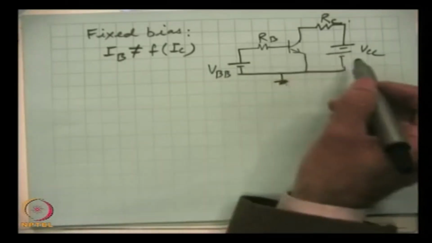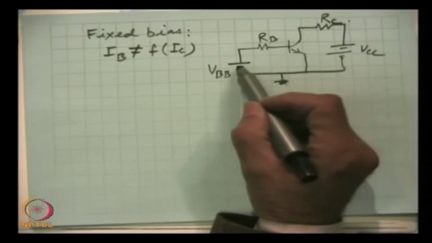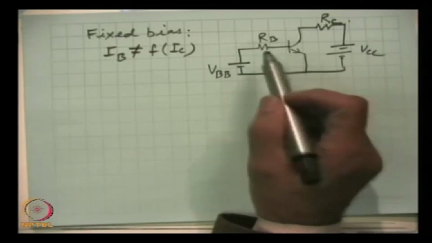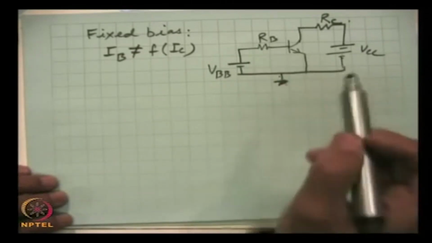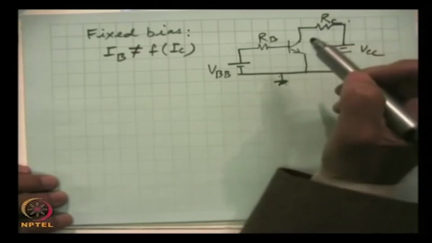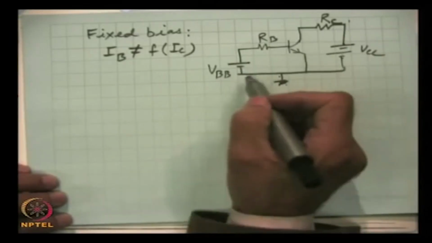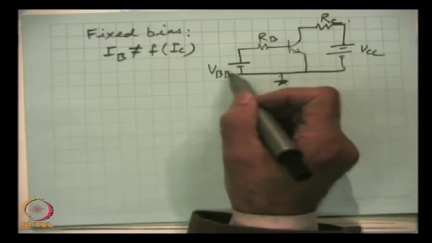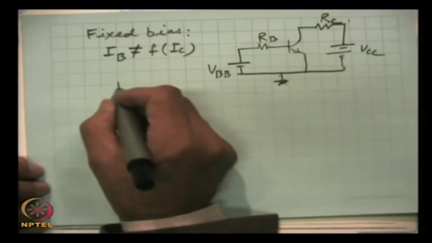So, in this circuit, you see that the negative terminal of both the batteries is grounded, and the positive is connected to the base resistance. Similarly, positive is connected to the collector resistance. So, assuming that the other terminal of the battery is grounded, this circuit can be drawn like this.